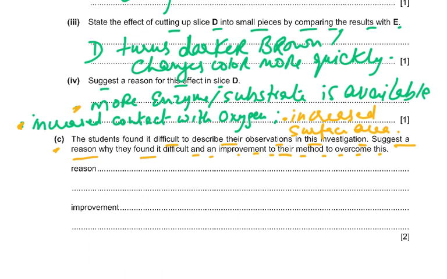Or you can say the color change is not uniform, so assess the area which has changed. So how much area has changed? 20%, 30%, 40%. Because it says they found it difficult to describe their observation, suggest a reason why they found it difficult and an improvement. So this will be the reason, and then the improvement will get you your 2 marks.